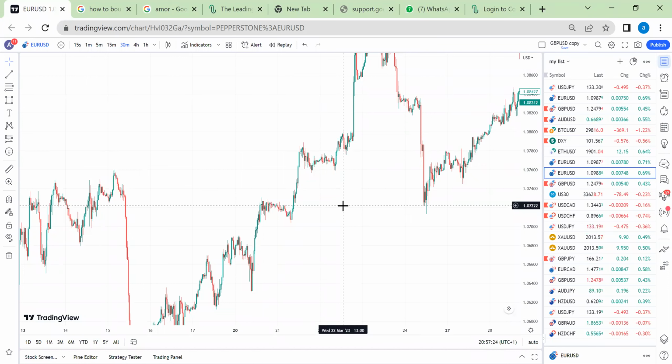So you just go to your charts. Make sure the ones you are selecting have a break of structure or a change of character. It's very important. Without a break of structure or a change of character, your POI is not valid. So you go to your chart and mark them all out, as many as you can.